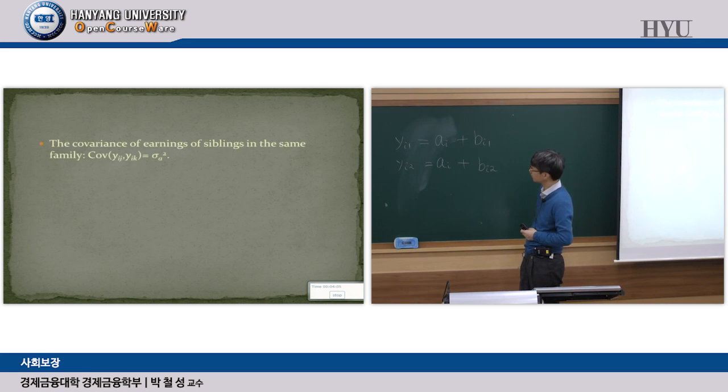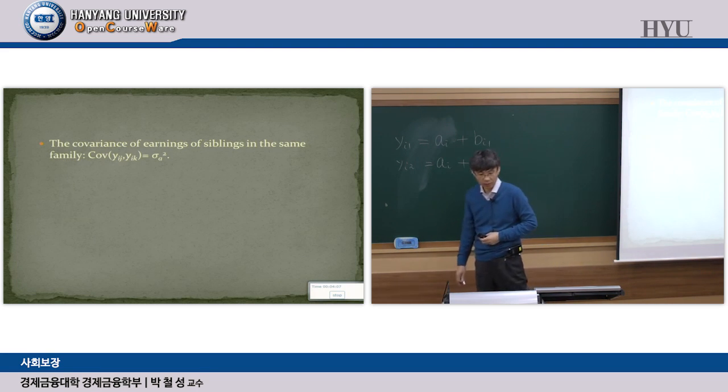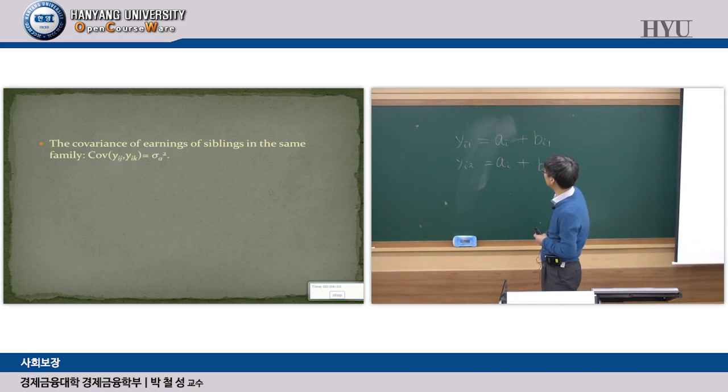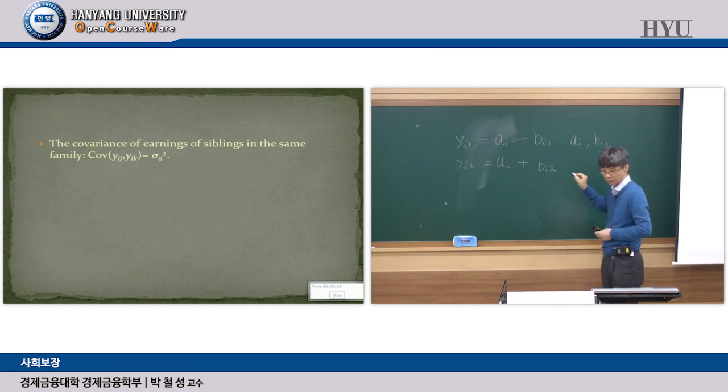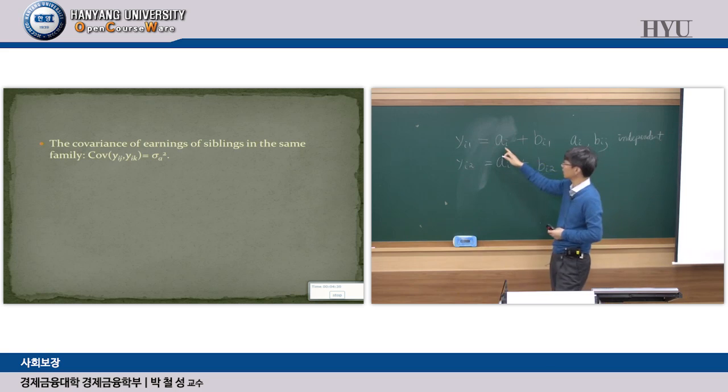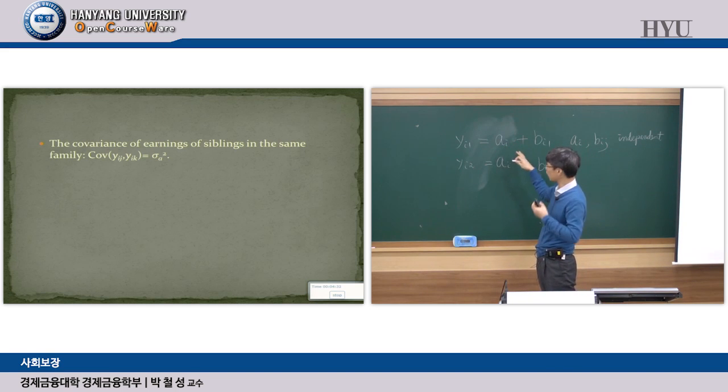It's a very simple way of thinking about how income is determined. If we accept that, we can think of the covariance of earnings in the same family. What we assume here is, first, Ai and Bij are independent. They have nothing to do with each other. Everything specific to the family goes into Ai, and Bij is purely individual.